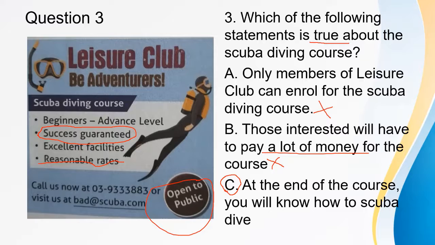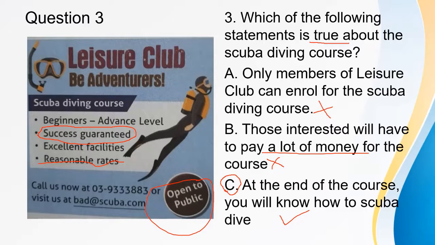So at the end of the course, you will know how to scuba dive. So statement C is correct. Check your answer. Is that correct or not? All right, good.